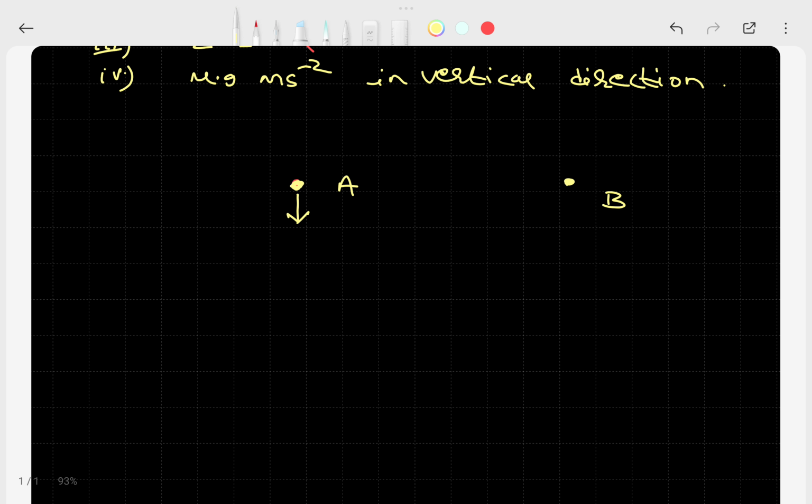So most students will do acceleration of A with respect to B equals g minus g, which is 0. But this is a totally wrong concept.